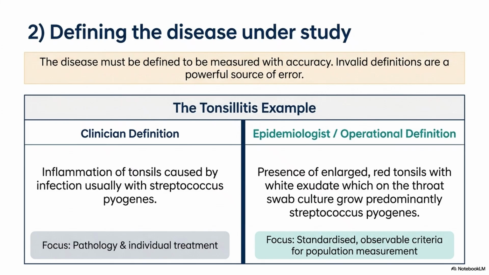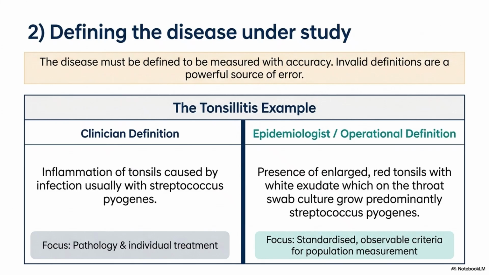If we are not giving an appropriate definition for the disease, some diseased persons can go into the non-diseased category, and some non-diseased persons will come into the diseased category. Here we will take the example of tonsillitis.